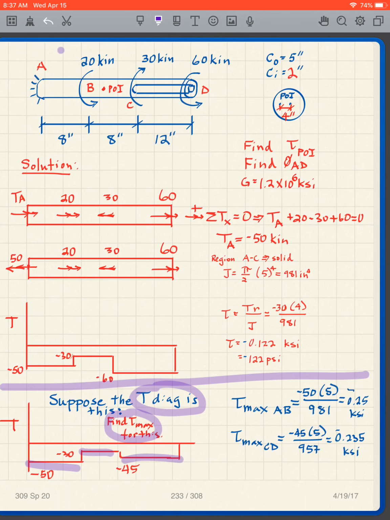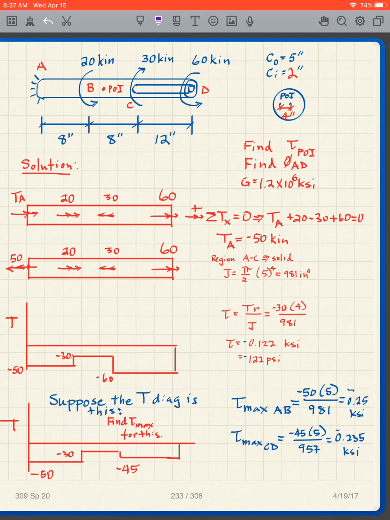I have this shaft, but I have different loads, and I end up with a torque diagram that looks like what I just showed here. My dilemma is this: it's negative 50 in this region, it's negative 45 in this region.